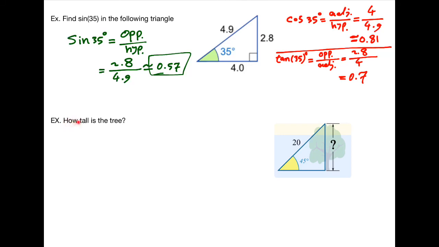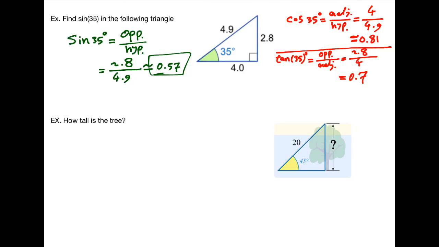It says, how tall is the tree? So look at the shape here. You see a right triangle here. This side of this right triangle represents the height of this tree. The height of this tree is the length of this side, which we are going to find, right? So let's call that side x.